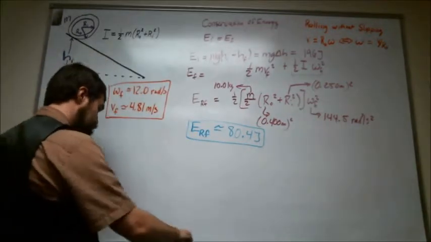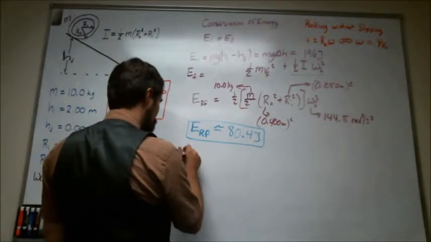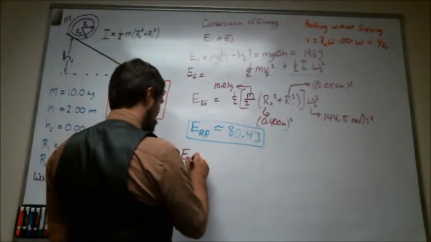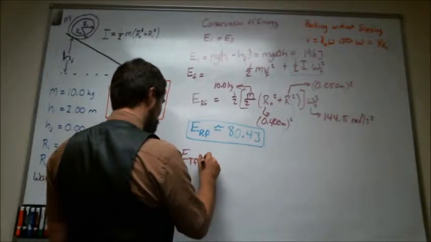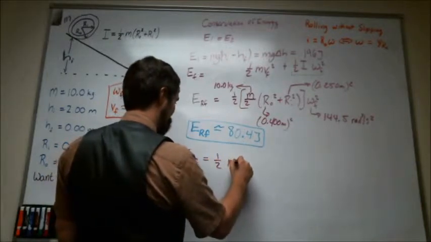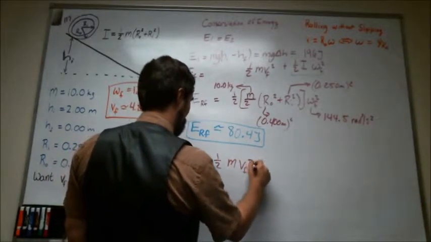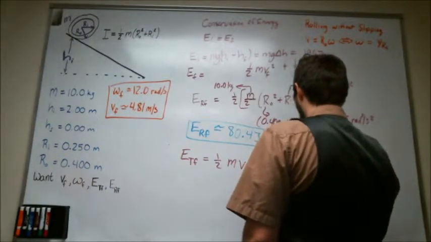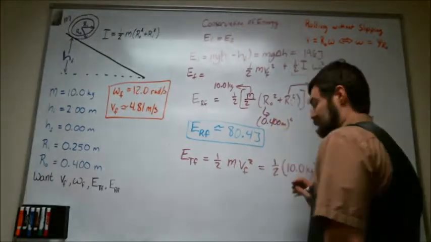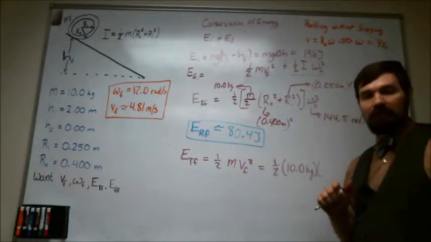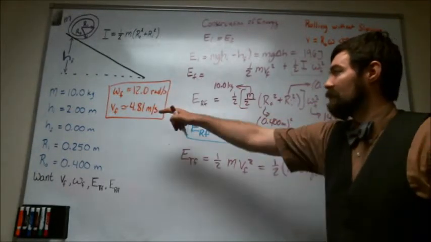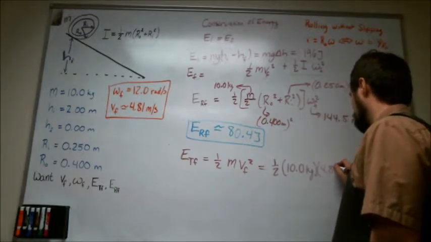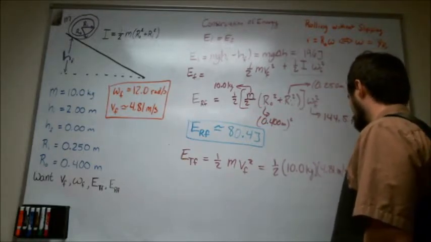Okay. Last but not least, the final translational kinetic energy. So that's going to be 1/2 times 10 kilograms times our final speed, 4.81 meters per second, squared.